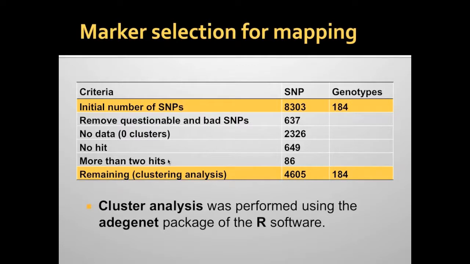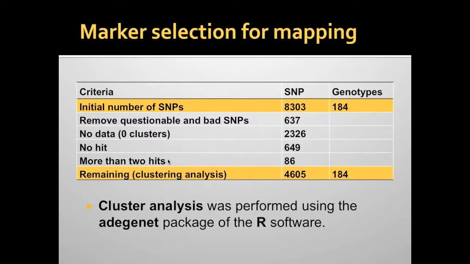I had 8,303 SNPs to begin with, and for the population, I'm just giving the number of progenies, not the parents. So the progeny was 184 genotypes. Then I removed 637 SNPs that had a quality label of questionable or bad.